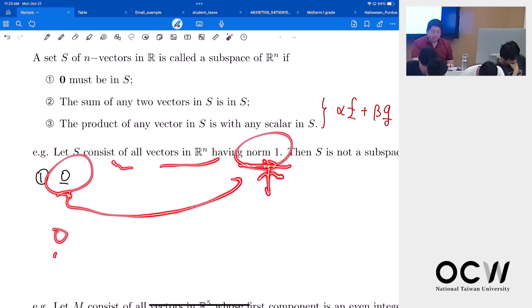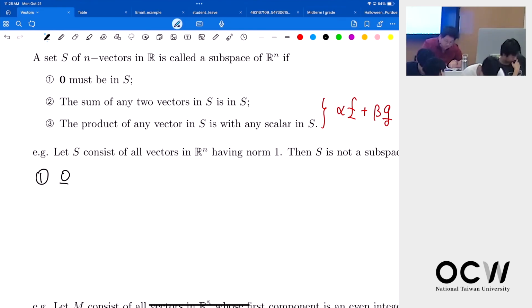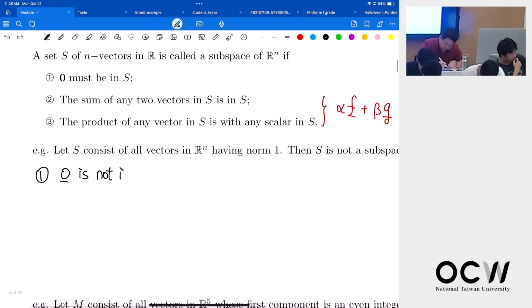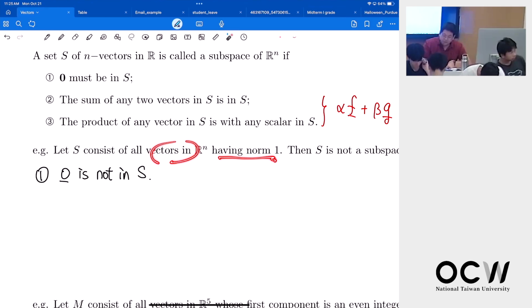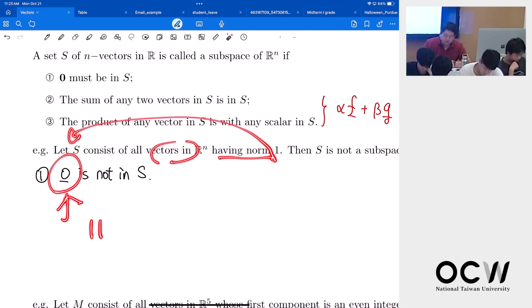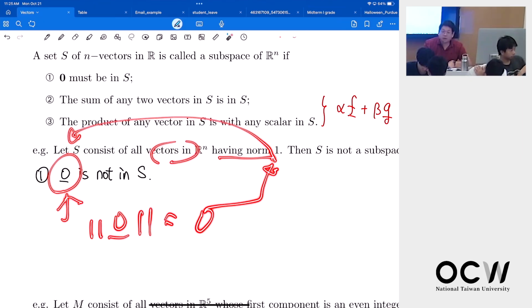So it is not norm 1. So the 0 vector is not in S. Any questions for this? Second, S should have all the vectors with norm 1. However, the norm of the 0 vector is 0. It's not 1. So 0 is not in S.